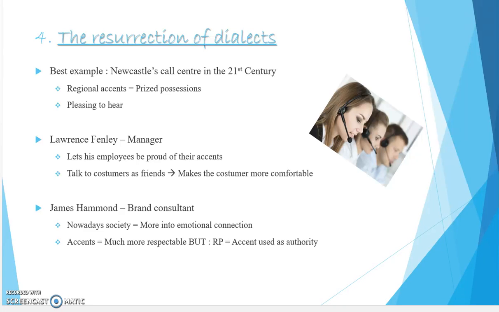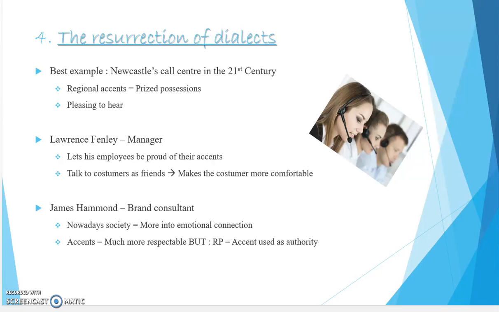One of the best examples of this resurrection is a call center situated in Newcastle. People working there are simply asked to speak their proper dialect, whatever the region it comes from. Dialects are considered there as prized possessions and something pleasing to hear.